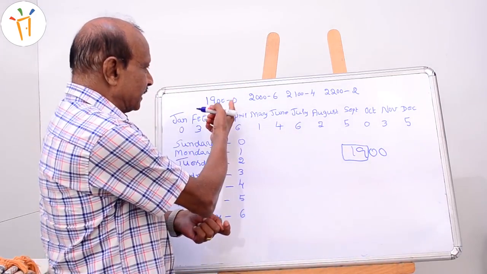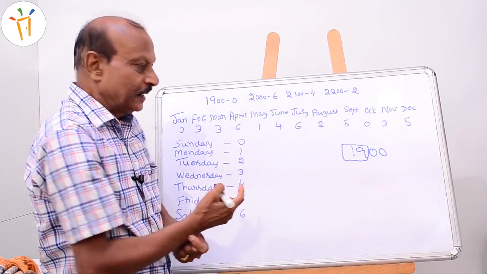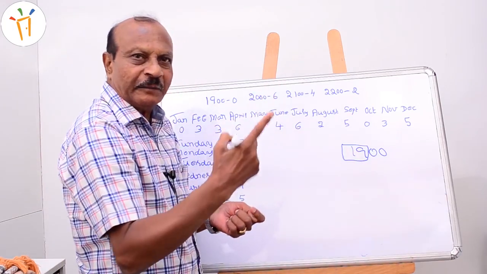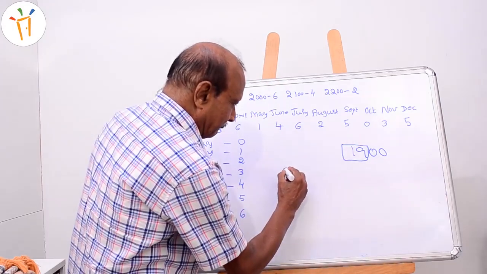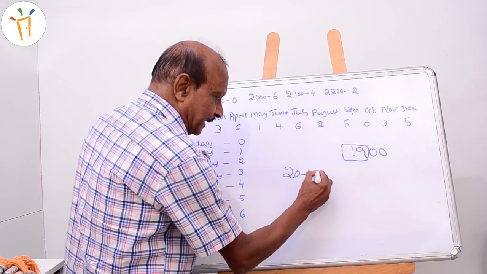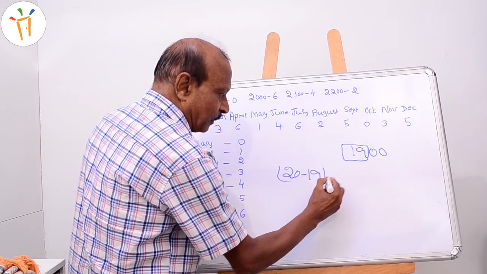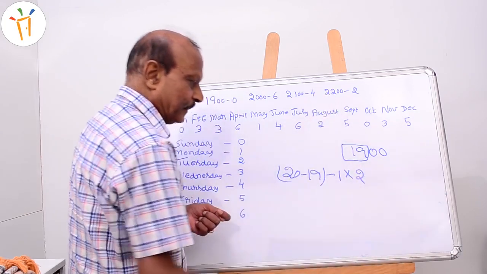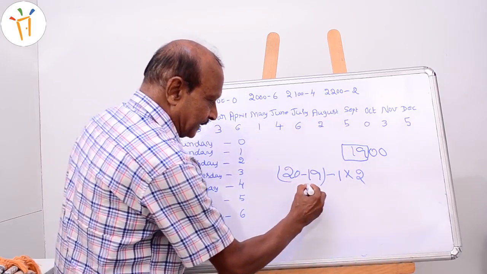Find the next number completely divisible by 4, that is 20. 20 minus 19, then the formula is minus 1 into 2. So 20 minus 19 is equal to 1.